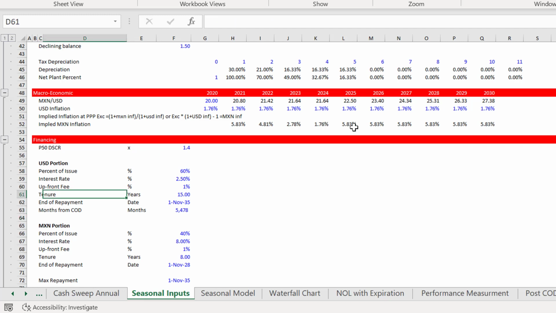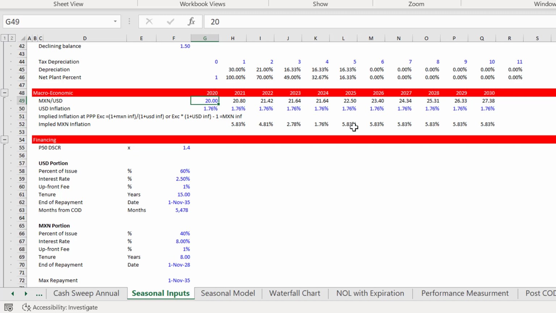The USD portion is 60%. We get an interest rate of 2.5%. Now what I did is I put a little bit of an increase. So the peso devalues, it goes up. So you need more pesos to get a dollar later on. Okay, and then we can use this.